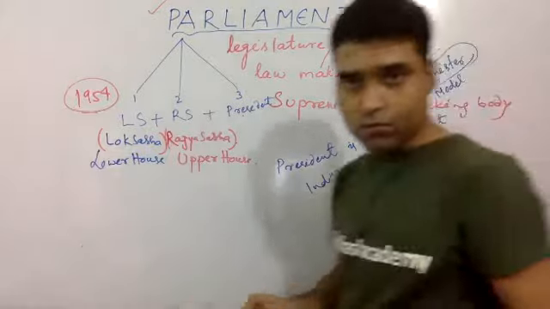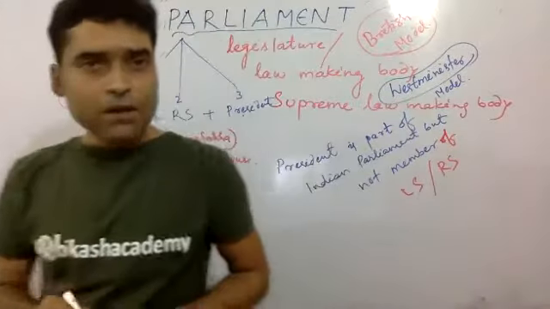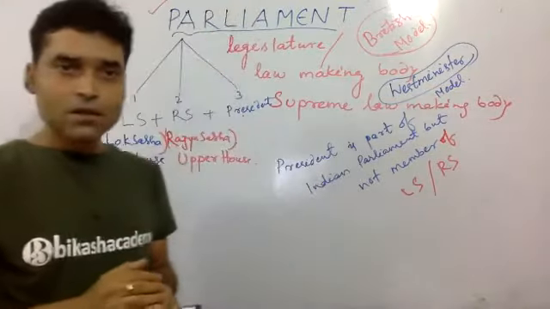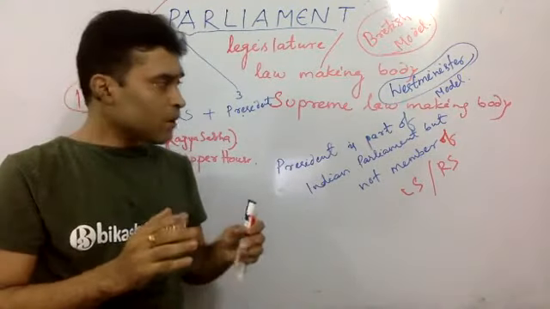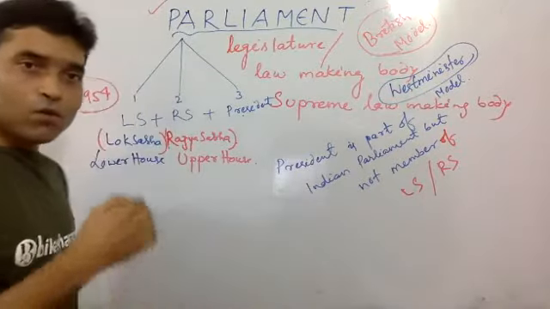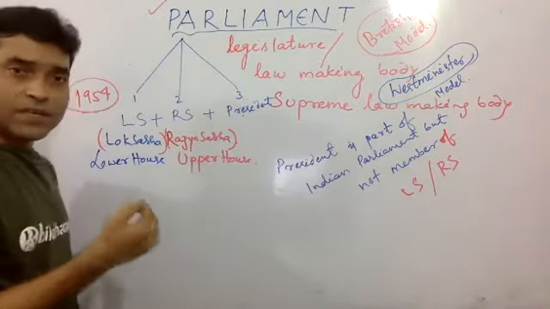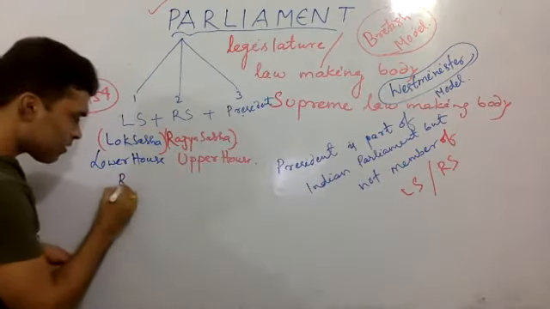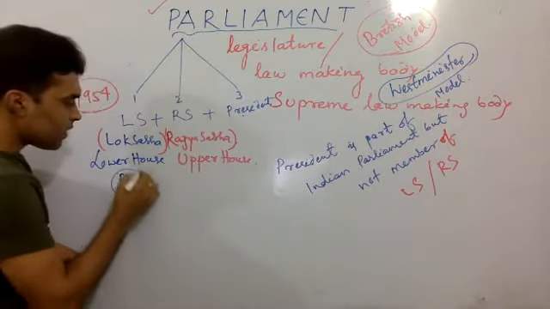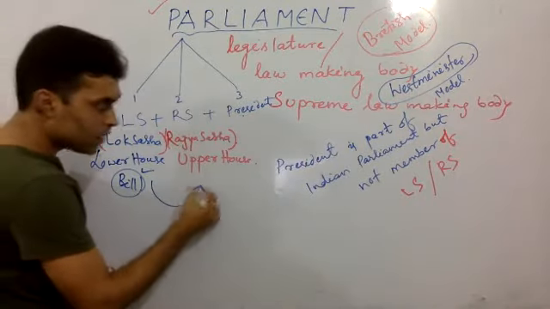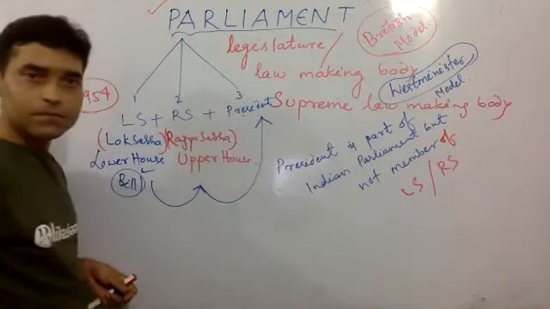You have to remember, not member of Lok Sabha or Rajya Sabha. Why is it so? It's because the bills passed in the parliament go to the president for signature or assent. That means any bill passed in the Lok Sabha will go to Rajya Sabha, then it will go to president.